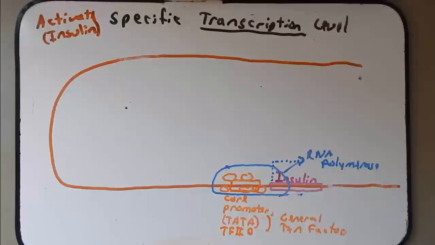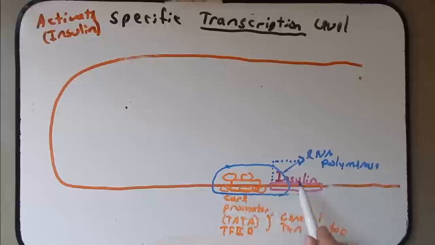Just enough to make a few transcripts, but not to turn it on full blast. And that's largely because its association with the DNA is not as stable as it would need to be to turn it on at a high level. And so we need other proteins to stabilize this interaction.